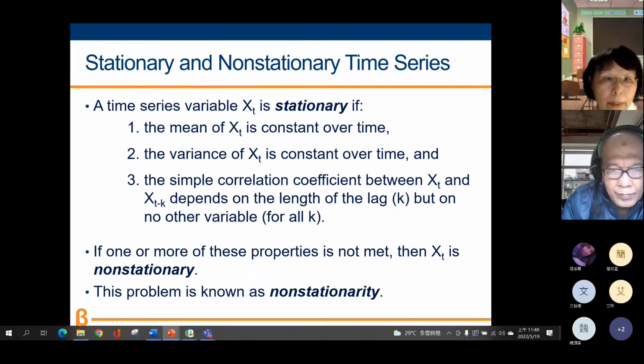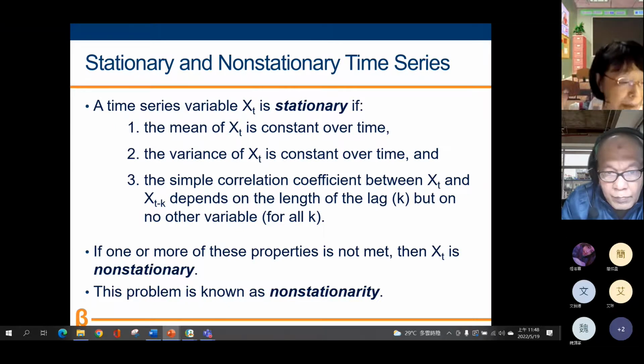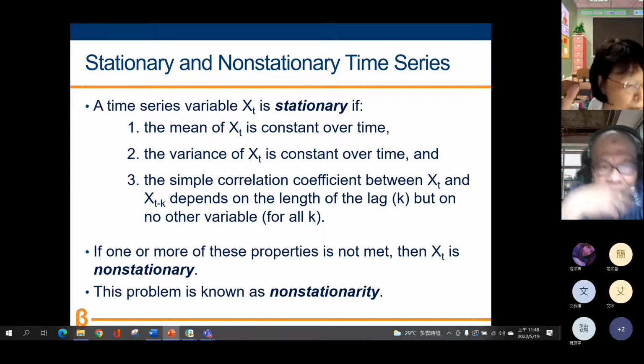I'll mention there are 2 reasons to worry about whether the time series is stationary or not. The first one is, if a time series is non-stationary, then we can study its behavior only for the period covered, only the period under consideration.